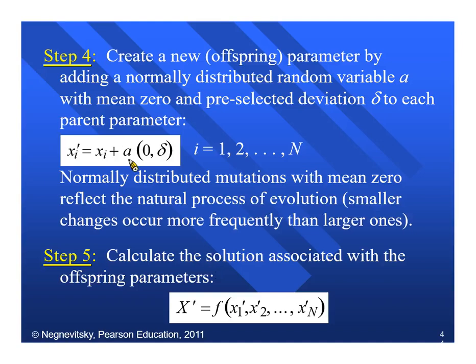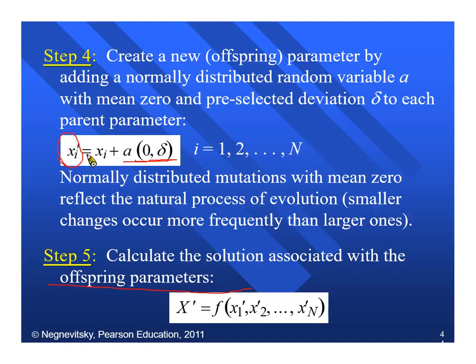So here this is a normal distribution with mean 0 and deviation theta. Normally distributed mutation with mean 0 reflects the natural process of evolution. Smaller changes occur more frequently than large ones. And then calculate the solution associated with the offspring parameter. This is the offspring parameter.